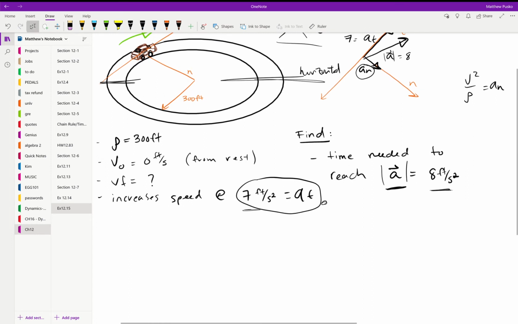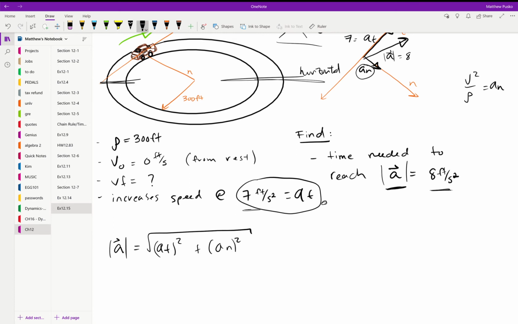First, we should realize that the acceleration magnitude can be found by this equation. We square both components, add them together, and take the square root. We know that the tangential component is 7 feet per second squared.